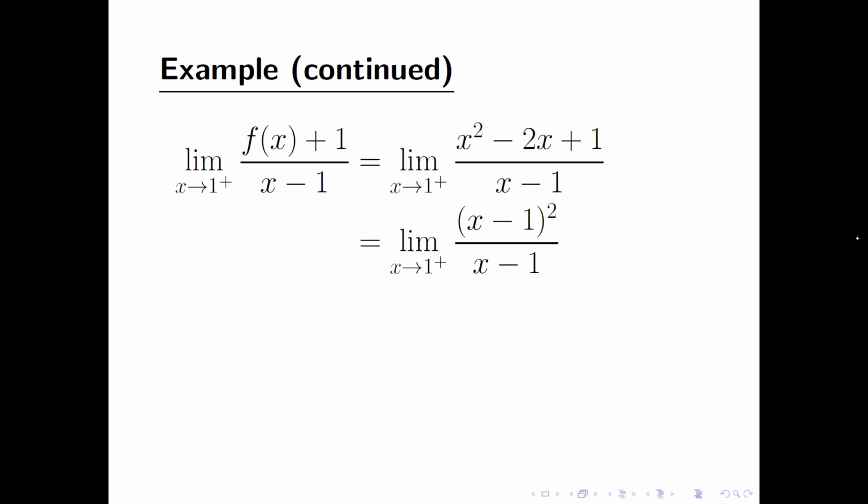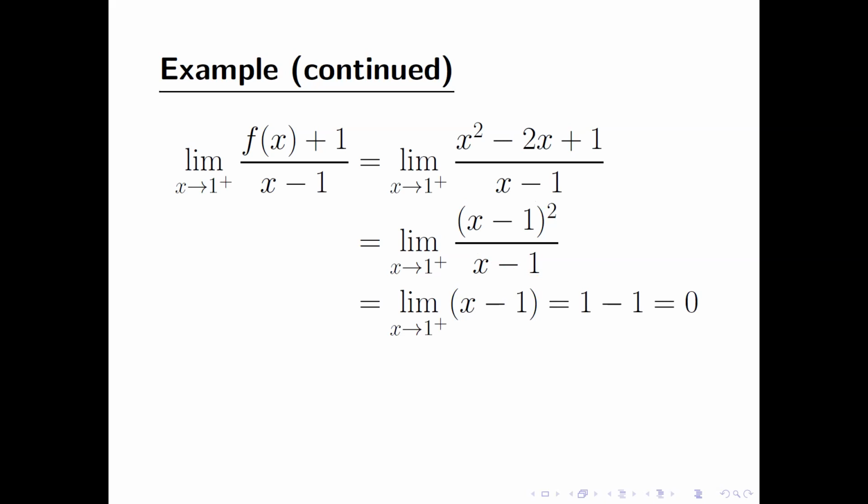This will be x minus 1 times x minus 1, which is just x minus 1 the whole square. So at the end of the day, this will take care of one of these. So we are left with the limit when x approaches 1 from the right of 1, the positive sign showing direction, of x minus 1, and at the end of the day, we get 0.